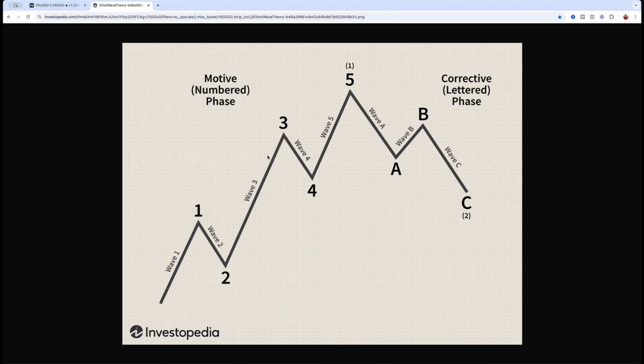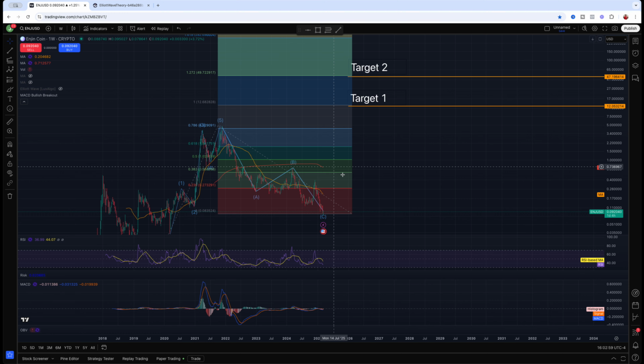So typically it is the longest, and so I like to measure with wave 1, because if wave 3 is not going to be the shortest, I would at least think that wave 3 is going to be at least as long as wave 1. So that's why I use this as a benchmark for the length of wave 3.